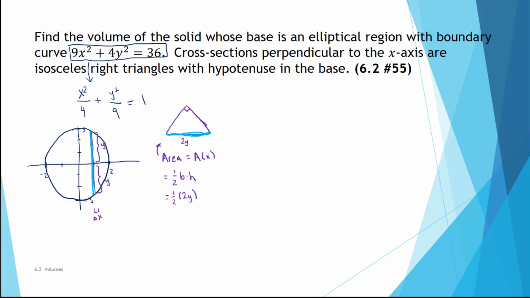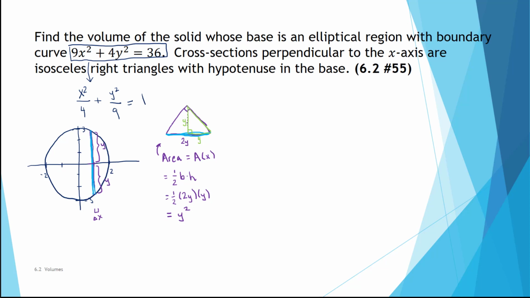And then the height is this. If you look at this right triangle, this is also an isosceles right triangle just from symmetry. This leg has length y, and so this leg also has length y, which is all just to argue that the height of our triangle is also y. So overall, the area of our triangle is y squared.